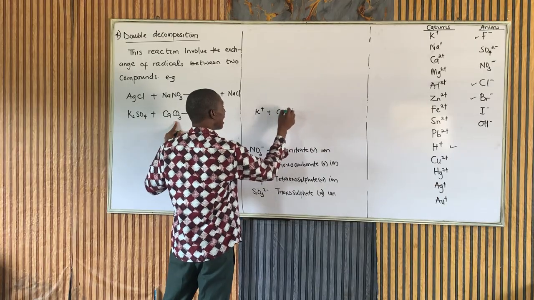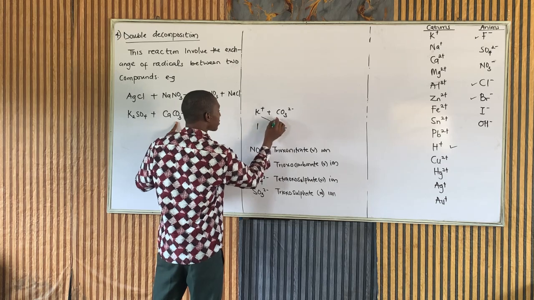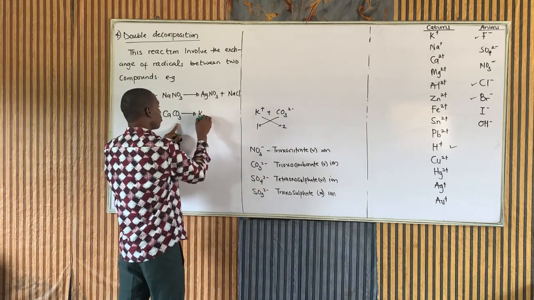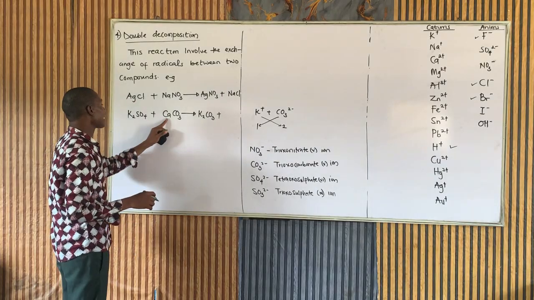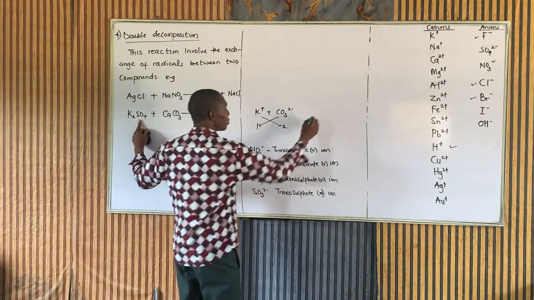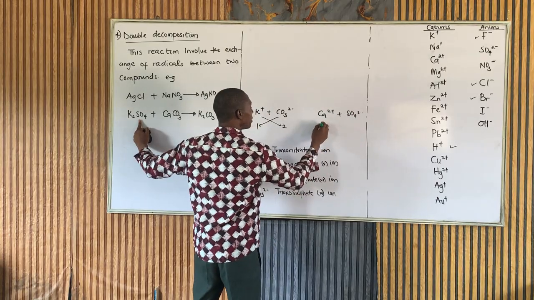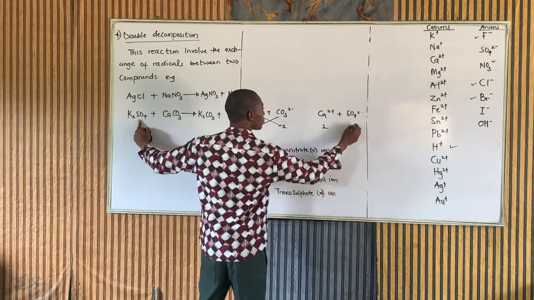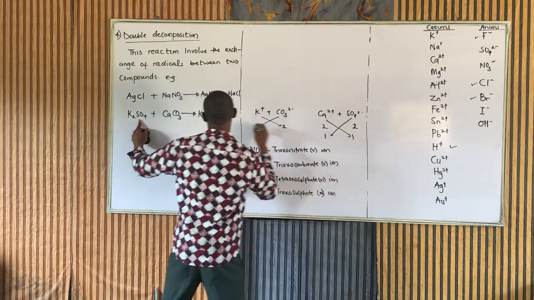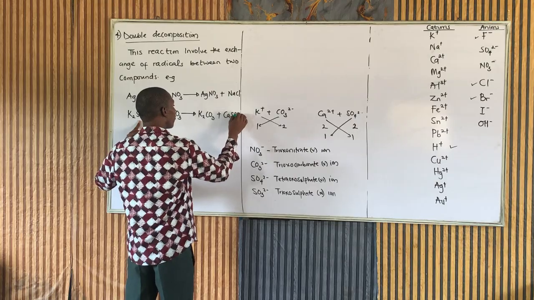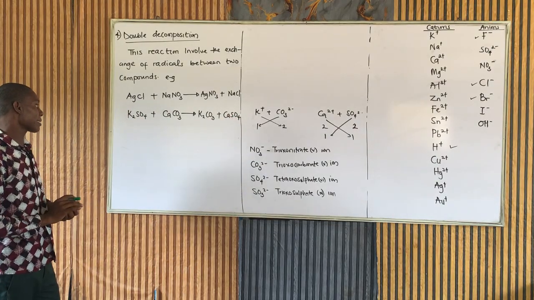But the radical has 2 minus as its ion. So this is 1 and this is 2, combining together. That will be K2CO3 plus, now here calcium is coming to take SO4. And how is that going to look? Ca2 plus, SO4 2 minus. So this is going to be 2 and 2. And this can be broken down into 1 and 1. So 1 calcium, 1 SO4. That is CaSO4. Then we'll look at if it is actually balanced. And it is balanced actually.